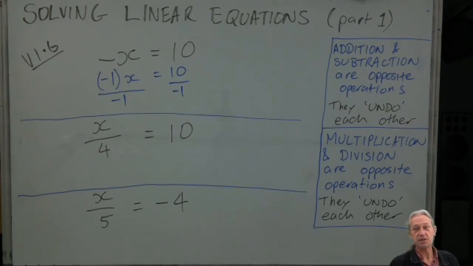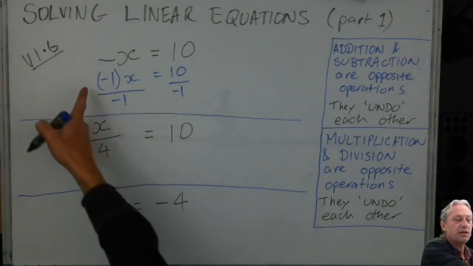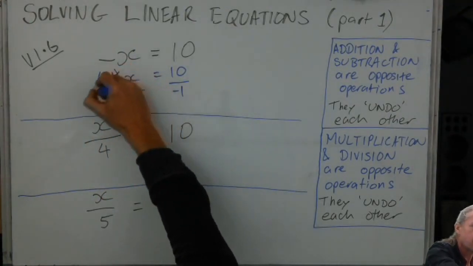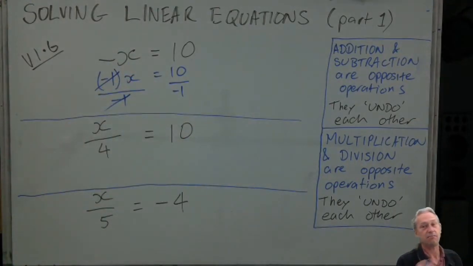It's sort of the same as multiplying or dividing by 1, but what it does do is flip positives to negatives and negatives to positives. So on this side, -1 divided by -1, they cancel out, and it turns into a positive 1.